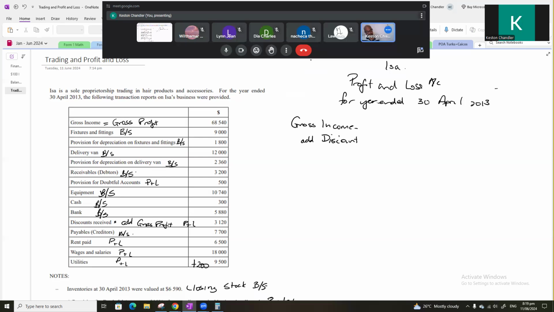And then we're going to start subtracting our expenses. Right, so you could go through this and you'll see all the expenses. You have provision for bad debts. Oops, we forget that we had to add because we had a reduction. But we went from 500 down to 320, so we have to add that as well.